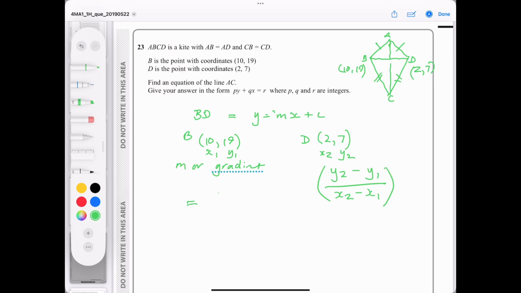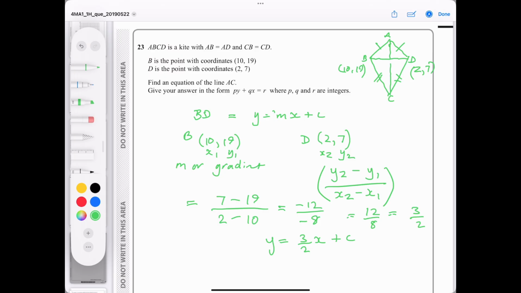So that equals 7 minus 19 over 2 minus 10, which is minus 12 over minus 8, which works out at 12 over 8. Let's divide through by 4, so that's 3 over 2, or 1.5, but I'm not going to use 1.5. So far we've got y equals 3 over 2 x plus c, and I don't think we need to know what c is.